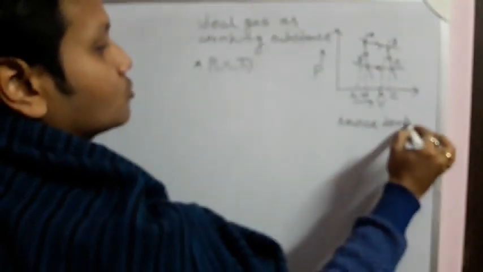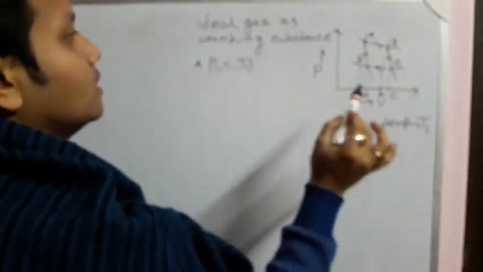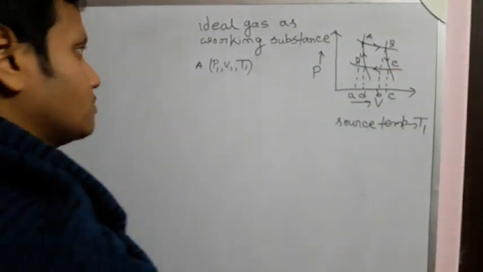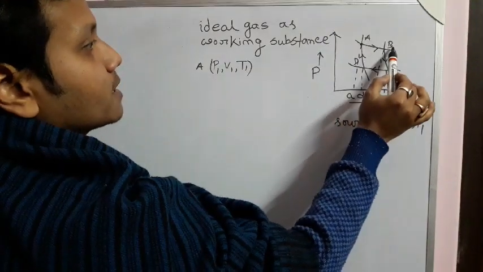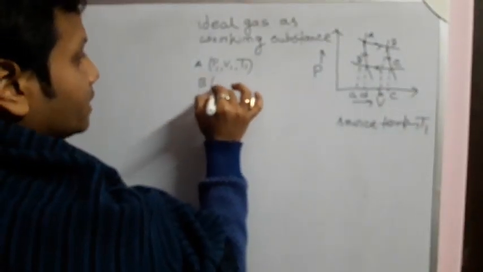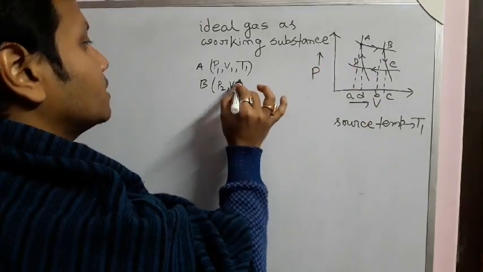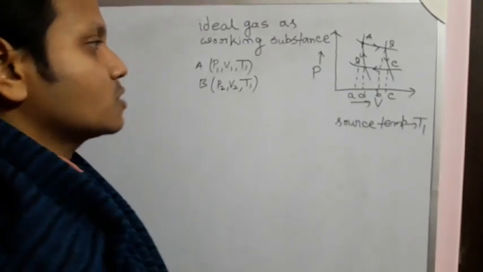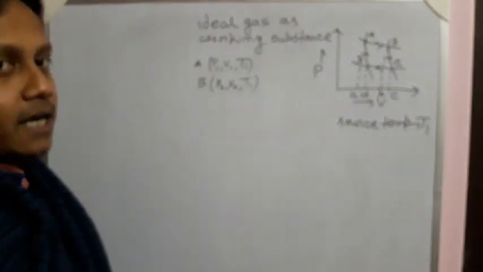Starting from the point A, the gas expands isothermally until it reaches B. At point B pressure and volume change, but since the expansion is isothermal, the temperature remains the same.